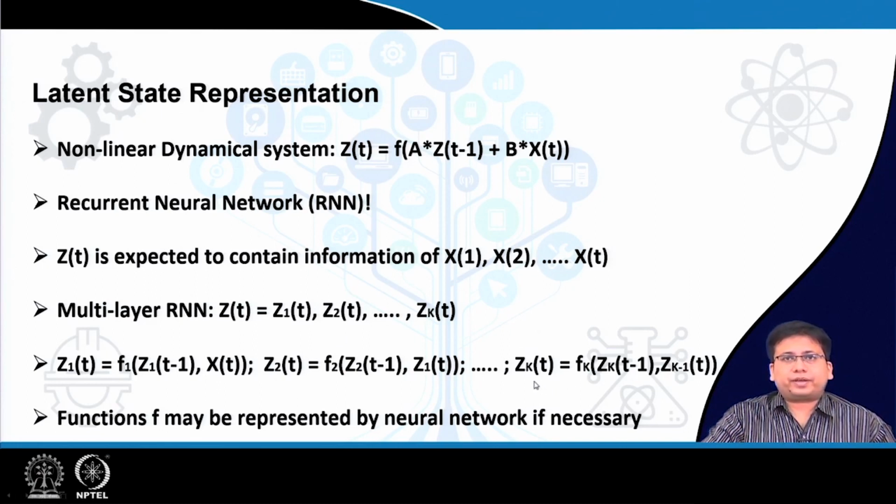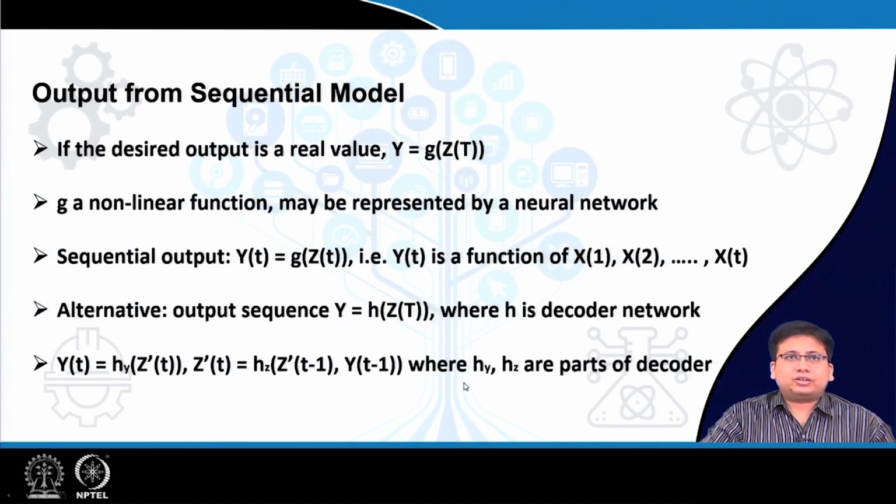In that way we finally have zk. So the system state in this case consists of k variables, and these functions f can be arbitrarily complex functions. In fact, these functions can themselves be represented as something like a neural network. We already know that neural networks can be used to represent various functions.